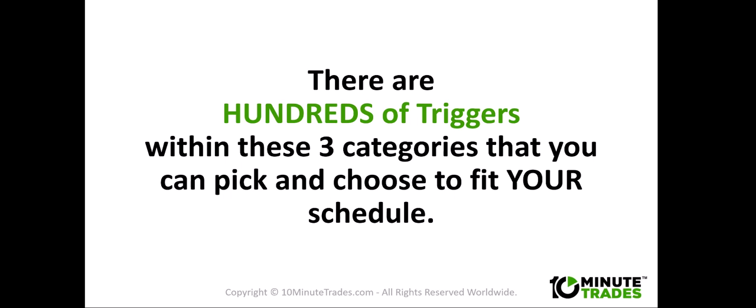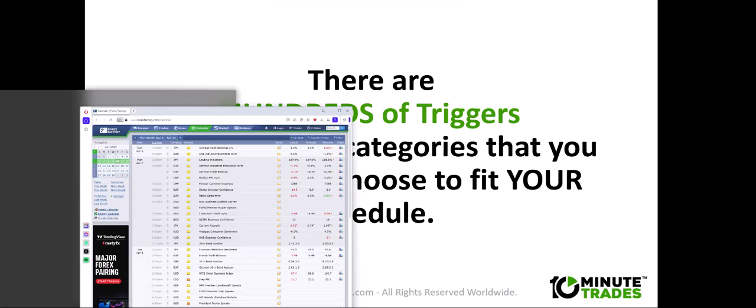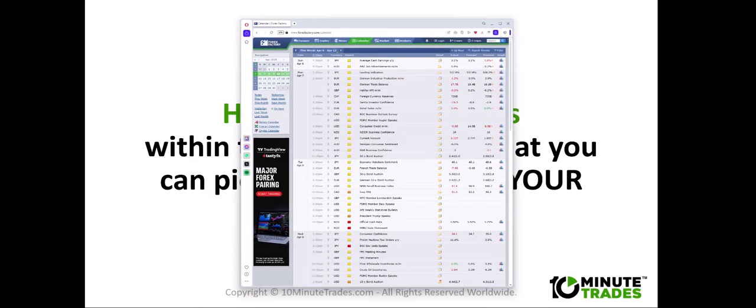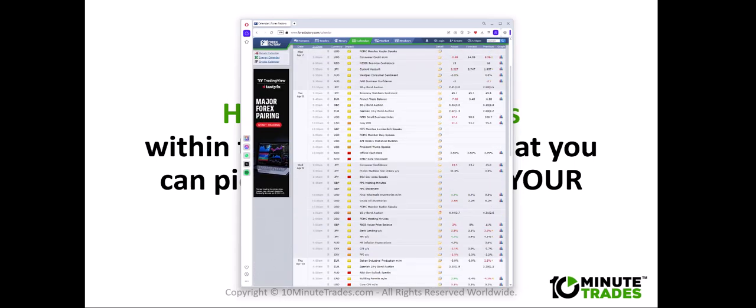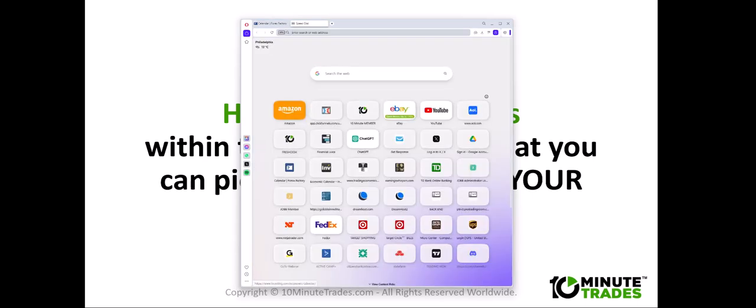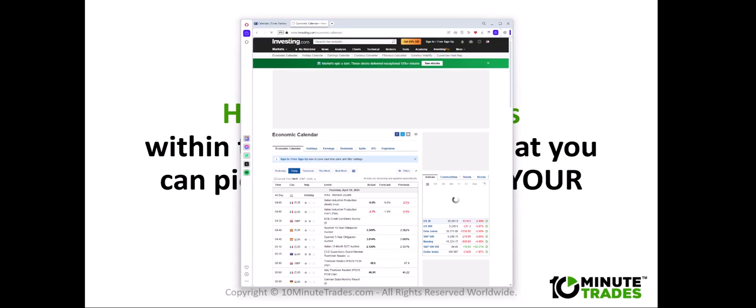We find the events to trade very simply by going to the popular free calendars. For instance, Forex Factory. When you go to Forex Factory and click the word calendar, they show you a list of all the weekly trades for that week. They color code them from the most important to the least important. Then we also look at Investing.com, another website that is very good for looking at the news.